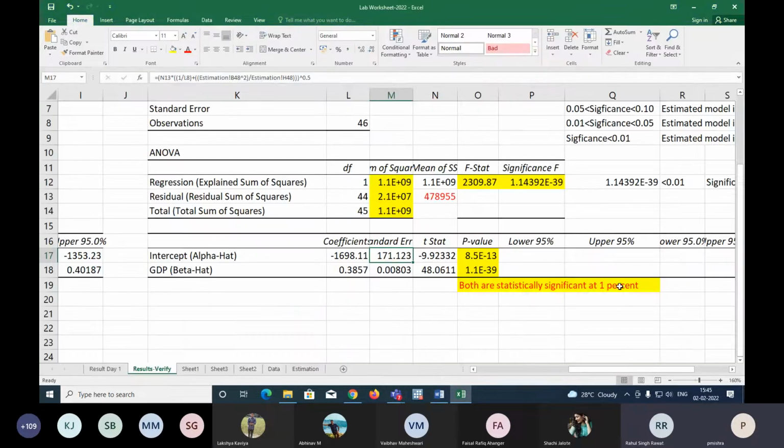Now, what we'll do, we'll basically go for the confidence interval. When we talk about confidence interval, say at 95% confidence level, we need to get the upper limit and the lower limit.